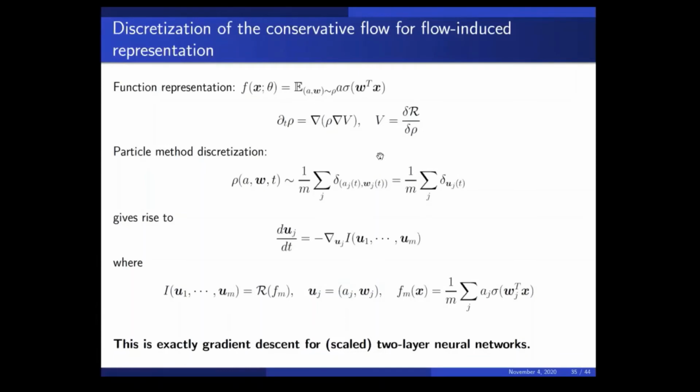So this little lemma that I didn't write explicitly, but just outlined, says that the particle discretization of this PDE is exactly the gradient flow dynamics for two-layer neural networks.